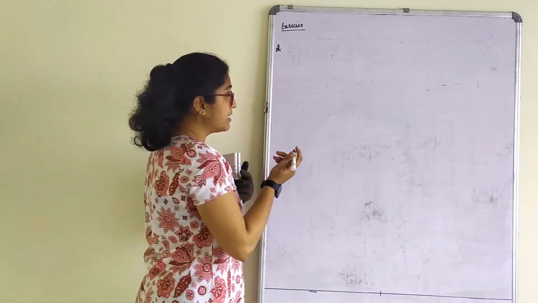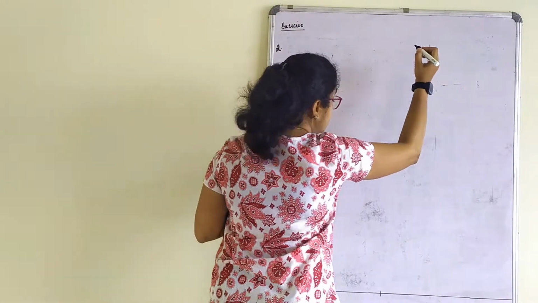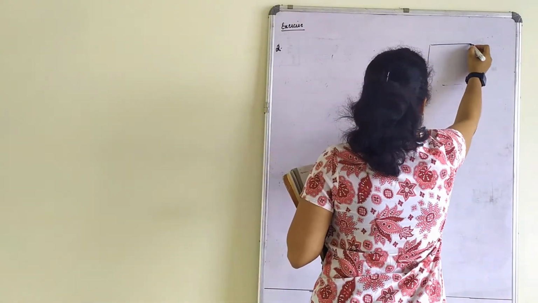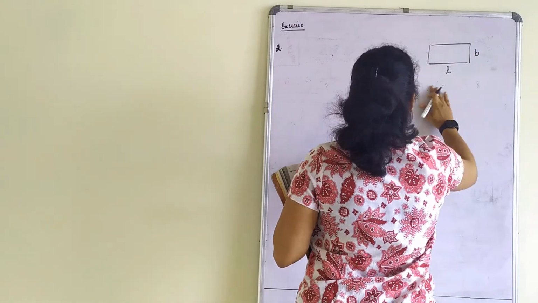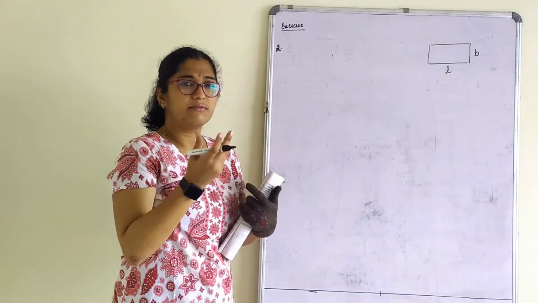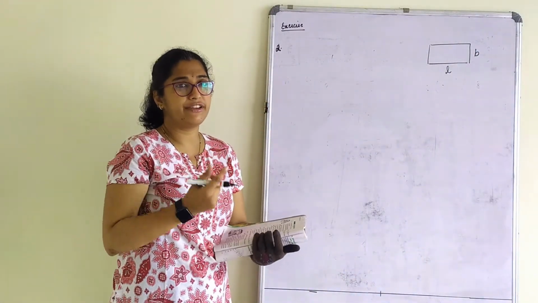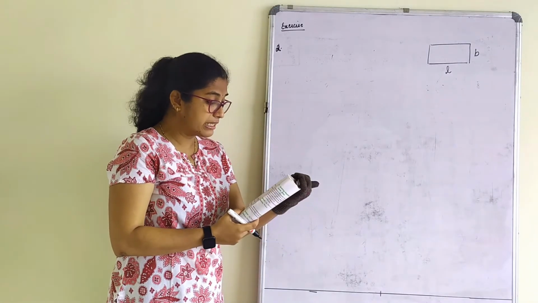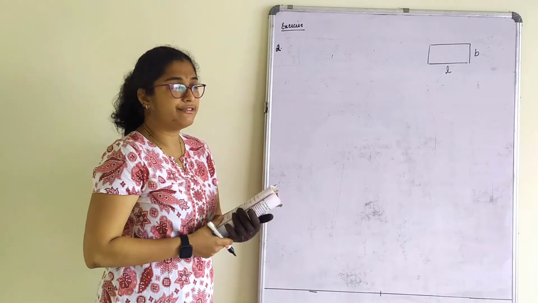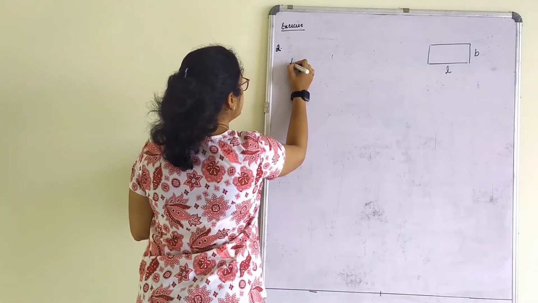So since it's a rectangular swimming pool, let's assume that this is a small rectangular swimming pool with length and breadth. Always write down a simple diagram, whatever geometric figure is being asked. Okay. The perimeter of a rectangular swimming pool is 154. Let's write down whatever is given first.